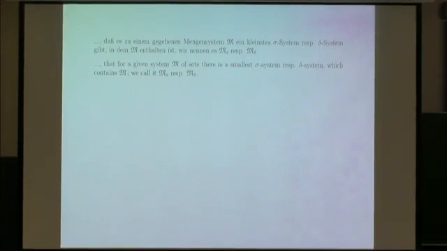So he uses it to show that for a given system M of sets, there is a smallest sigma system, meaning closed under countable unions, respectively delta system, which contains M. And we call it M sigma, the smallest thing, or M delta. So we are immediately in notions that are still being used.